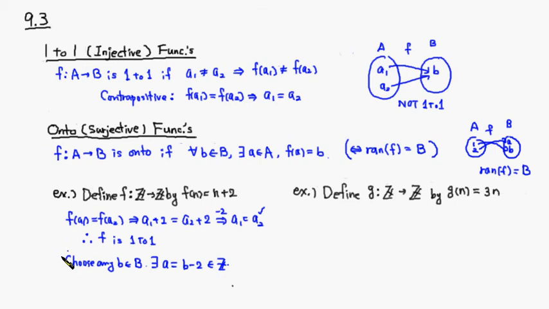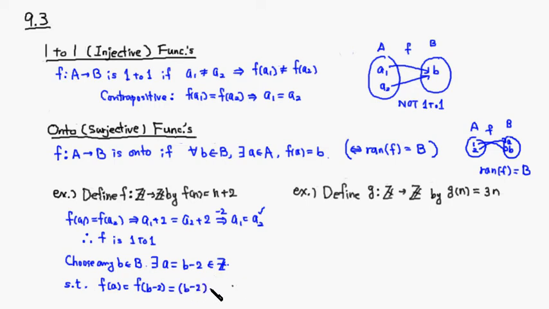Then look at f of A. f of A is the same thing as f of B minus 2, because A equals B minus 2. If you plug it into the formula, it is n plus 2, so n is replaced by B minus 2.